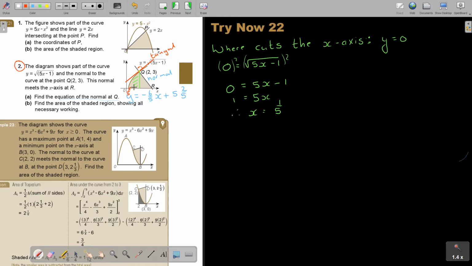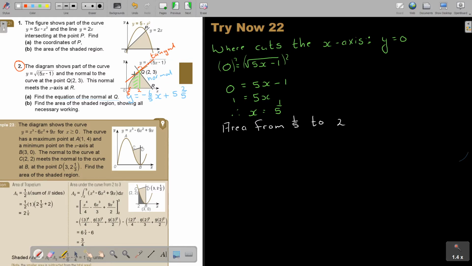And there, what is this value of x? 2. So if I want to find the area from 1 over 5 to 2, I'm going to use this green.